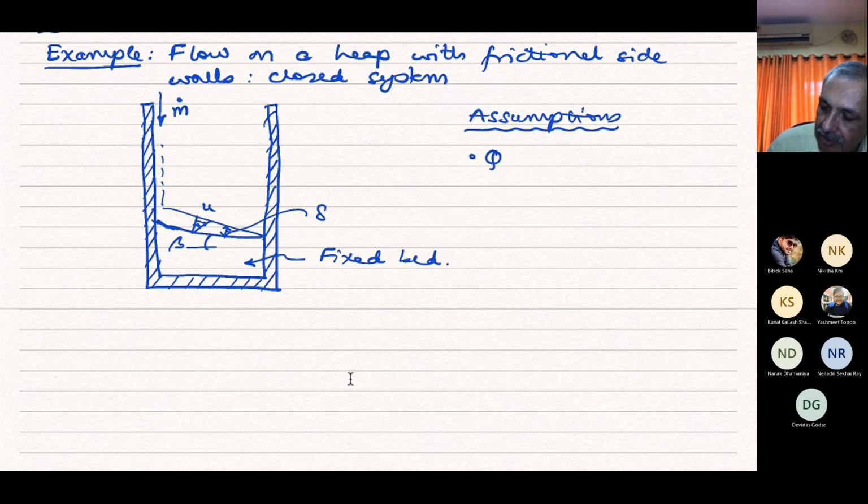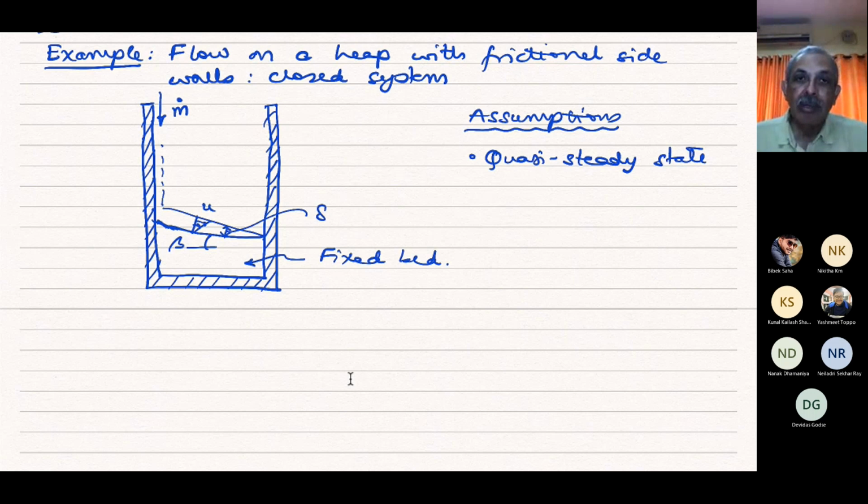One is that we'll assume a quasi steady state. What does this mean? Though we know that things are changing with time, we are going to neglect all derivatives.